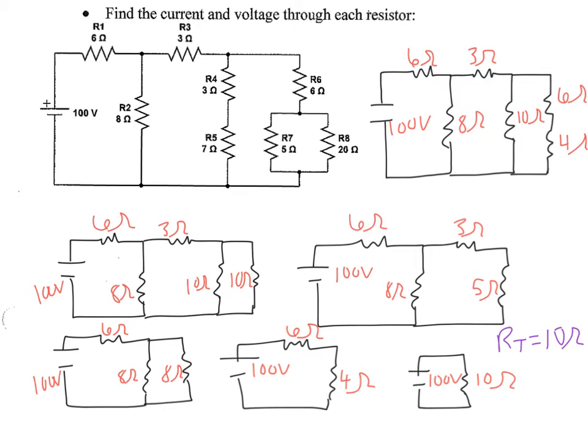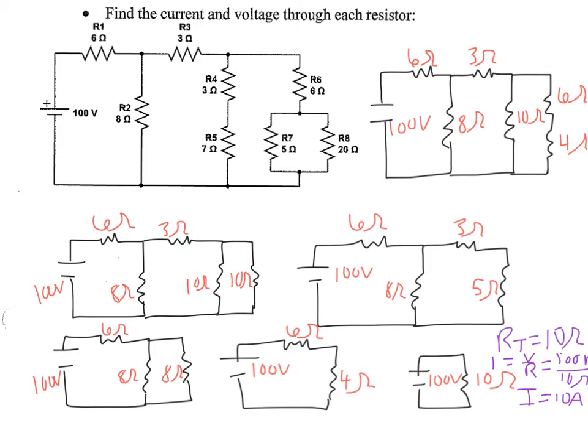I know that the total equivalent resistance with this 100 volt battery and the 10 ohm resistor can give me a current, and my current is equal to voltage over resistance, so 100 volts over 10 ohms, so my total current is equal to 10 amps. So how do I do this? I write the voltage and the current underneath every single resistor, and then I work backwards.